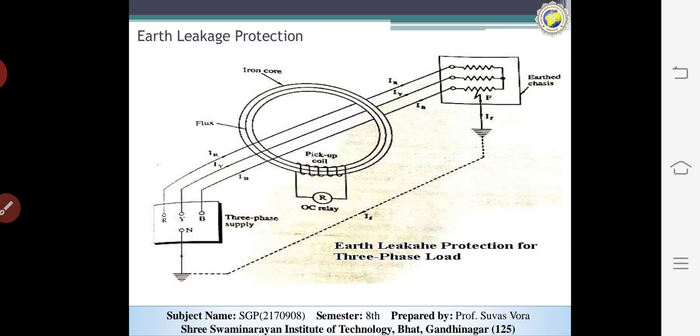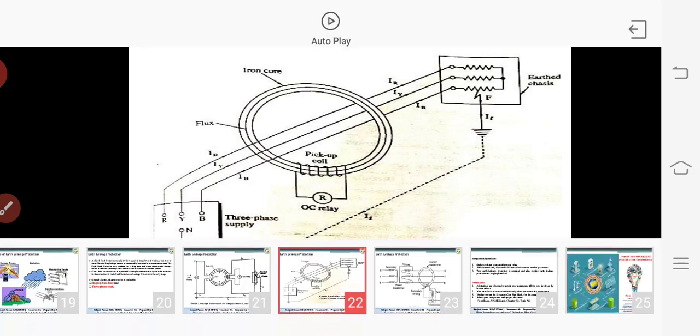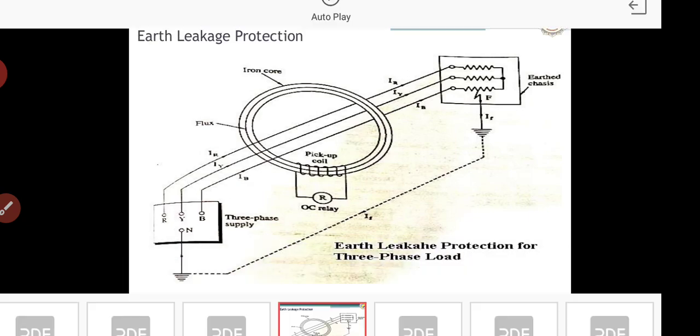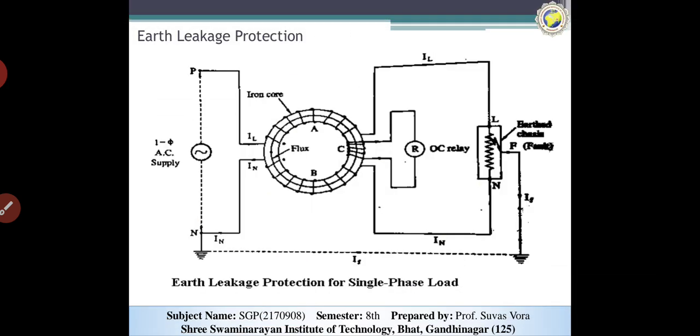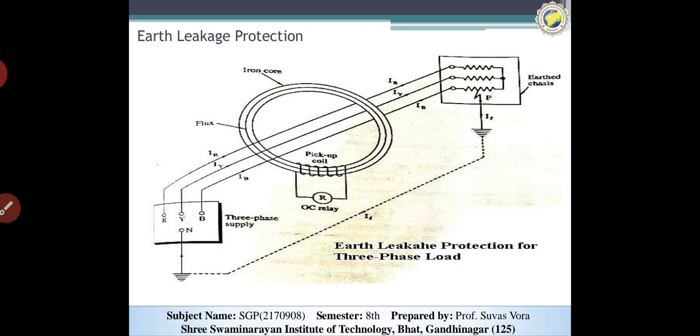At that time the relay senses the fault and signals the circuit breaker, and the circuit breaker operates this protection system. So this is the basic for the single-phase load and the three-phase load.